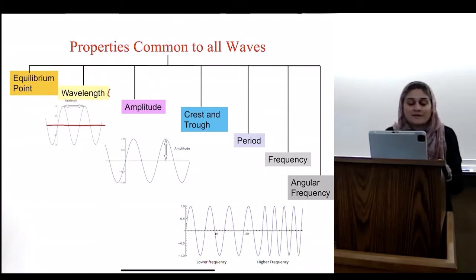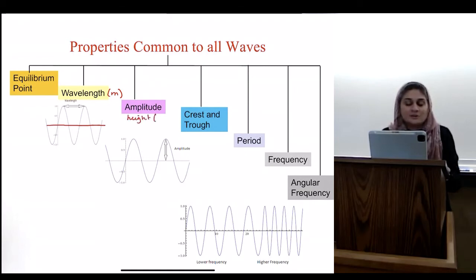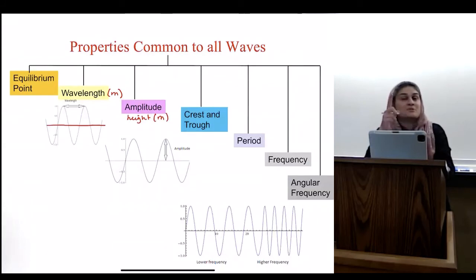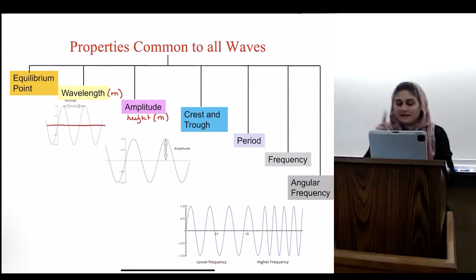So remember, the wavelength will be measured in meters. Amplitude is the height of the wave, also measured in meters. Crest is which point in the wave? Top. And trough is which point? The bottommost. Very good.